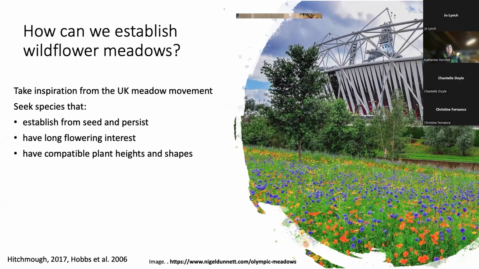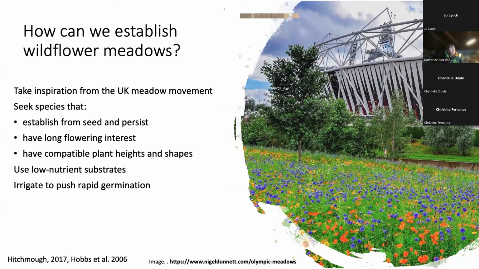And here practitioners like Nigel Dunnett and James Hitchmough use seed, and they really stress species selection to get things that will please the punters, pretty flowering heights and shapes and forms. But importantly, they use sand as a low nutrient substrate to minimise weed competition, and they irrigate to push rapid germination in an urban setting.